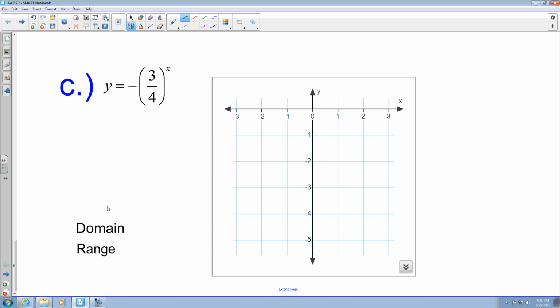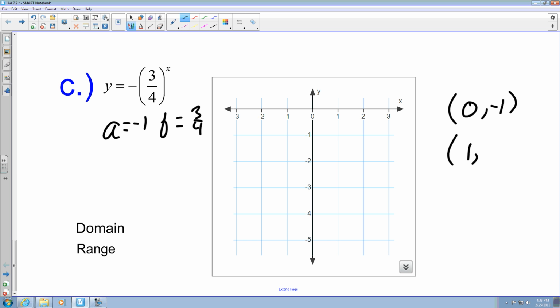For C, I have a equaling negative 1, and then b is 3/4. Keep that in mind. So when I make my points, I have 0 comma a, which is negative 1. Then 1 comma a times b, negative 1 times 3/4, which makes it negative 3/4.